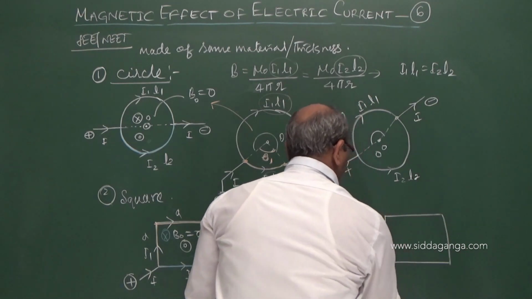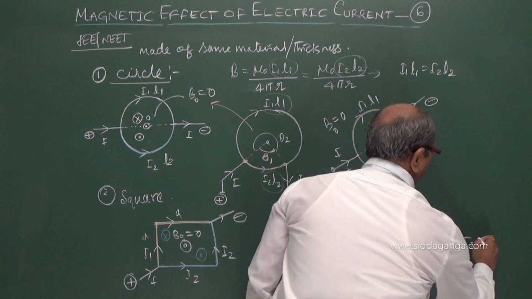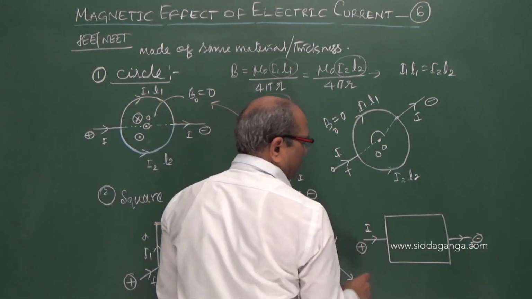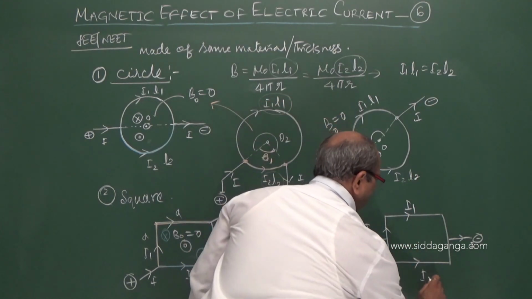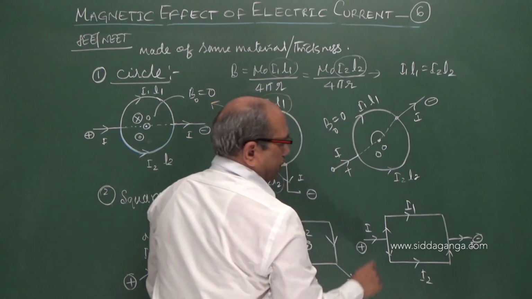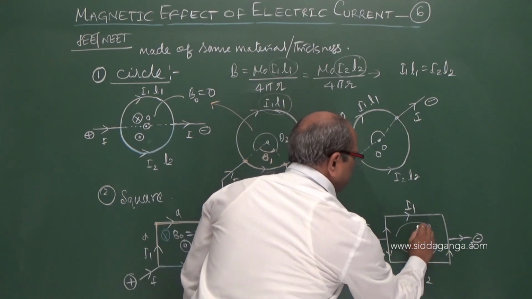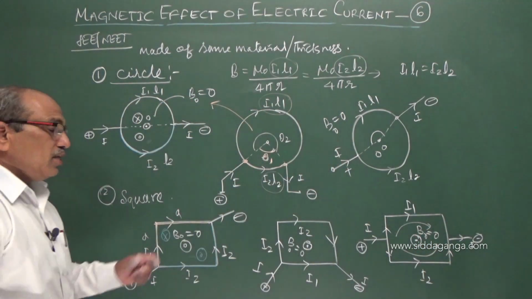Another example in this square, at the middle can also be. In this, when I give the current, the first part may be I1, the second part is I2. Again you see it is clockwise negative and anti-clockwise positive, and the field at the center becomes 0.